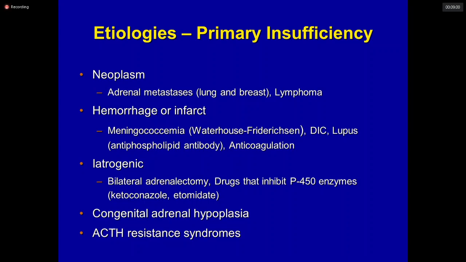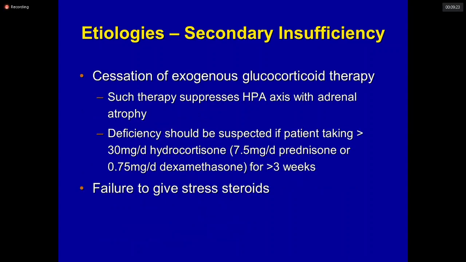Iatrogenic bilateral adrenalectomy, as may be done to control Cushing, can result in adrenal insufficiency. Use of medications that we discussed earlier, like ketoconazole, can make patients as well adrenally insufficient, and in some congenital adrenal hypoplasia or ACTH resistant syndromes.